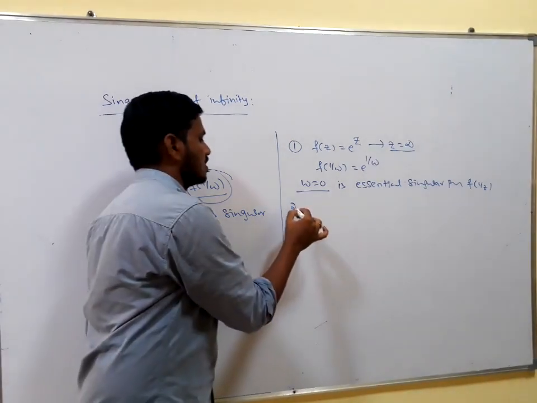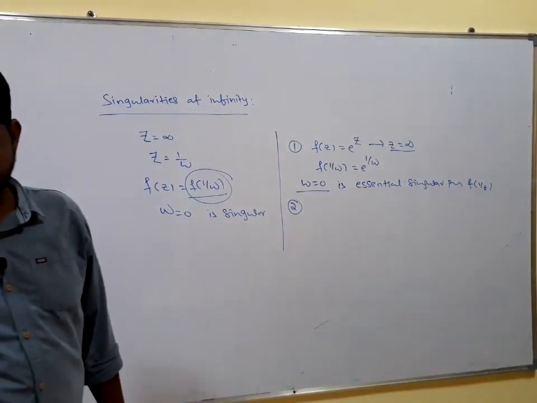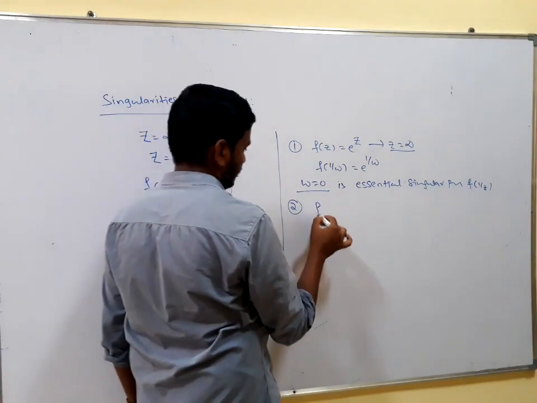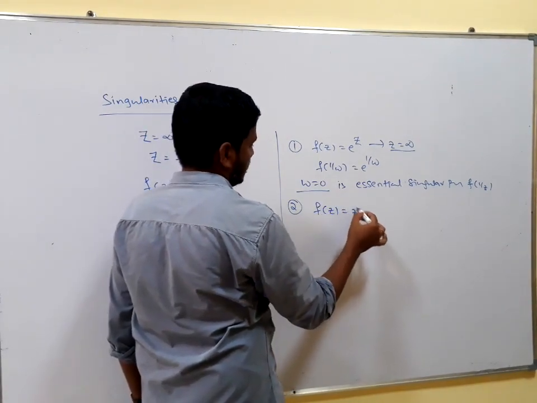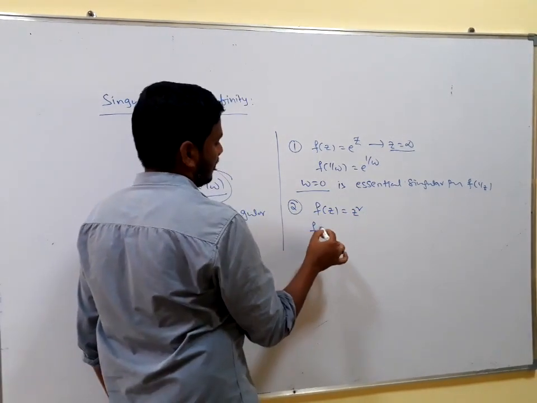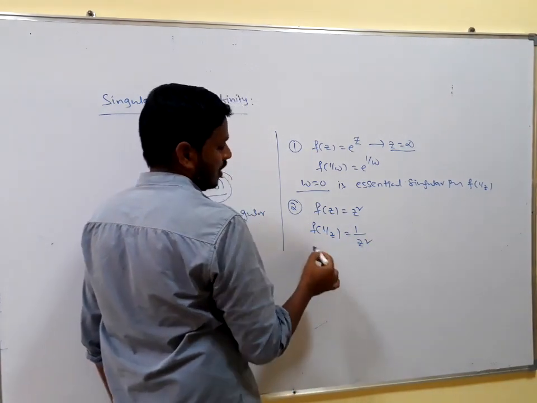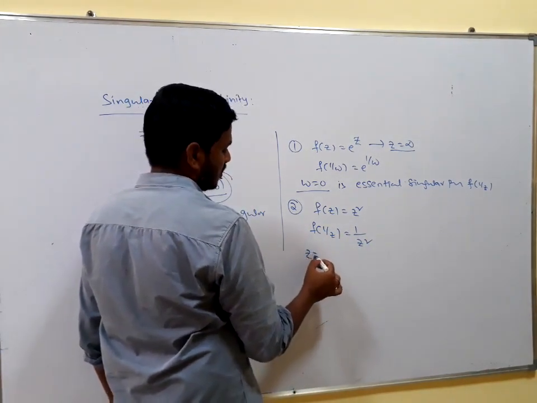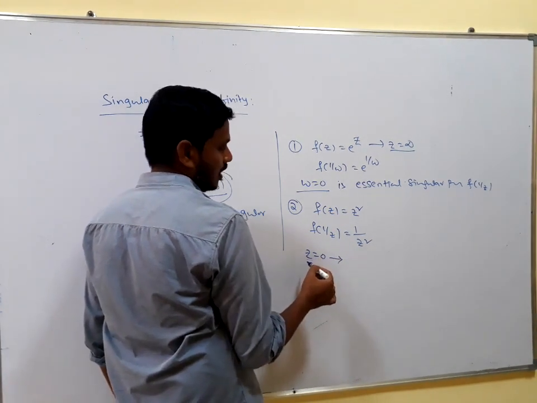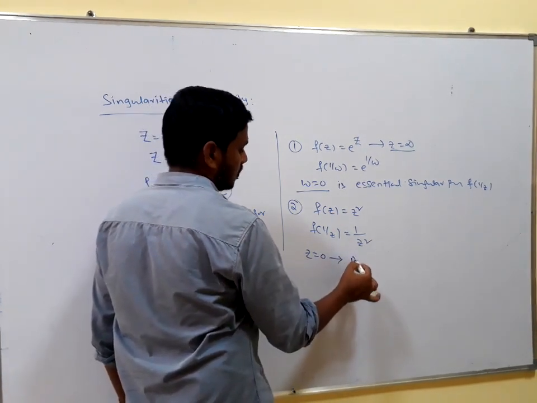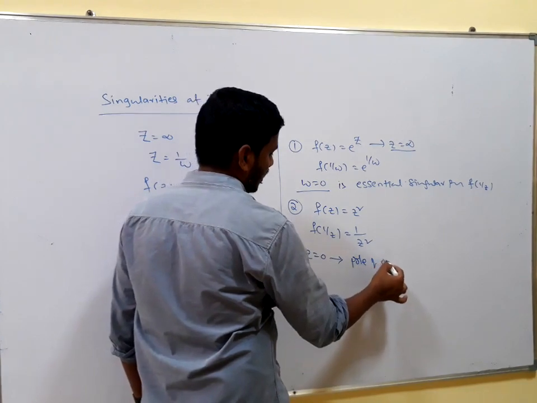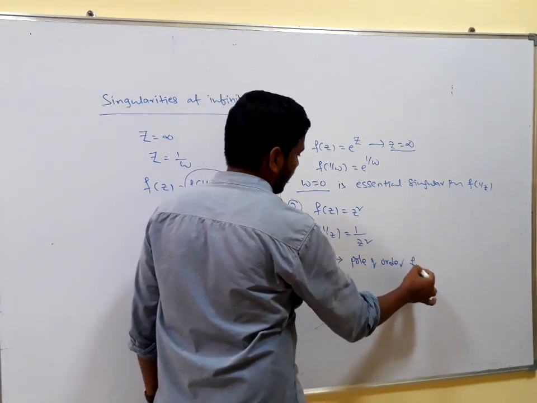Let us take one more example here. f of z is equal to z square, right? f of 1 by z is equal to what? 1 by z square. What do you say? Yes, z equals 0 is the pole of order 2 for f of 1 by z.